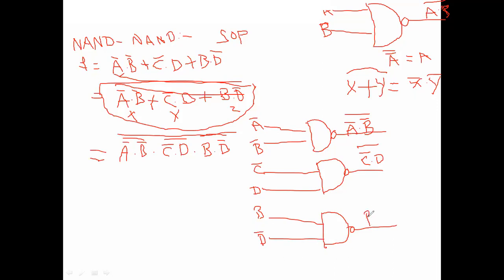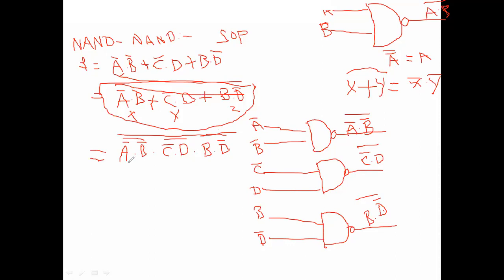So what is the output for this? B dot, the first input dot second input whole bar. Individually we are getting all these. Do you understand up to here? So we draw the circuit for A bar dot B bar whole bar, C bar dot D whole bar, B dot D bar whole bar.